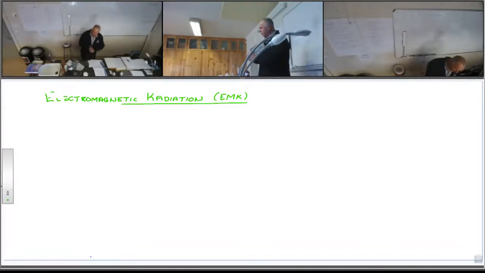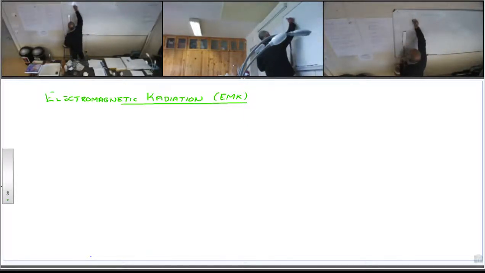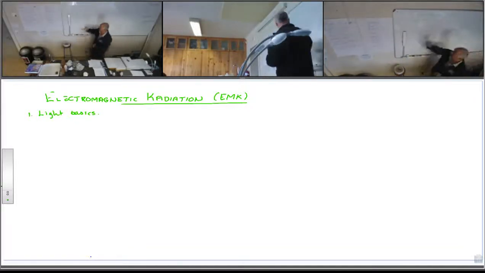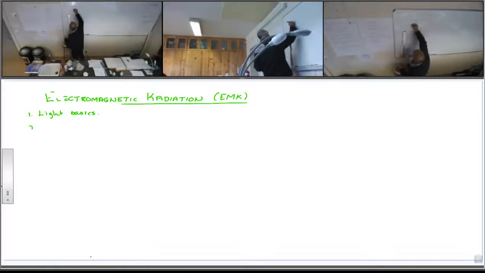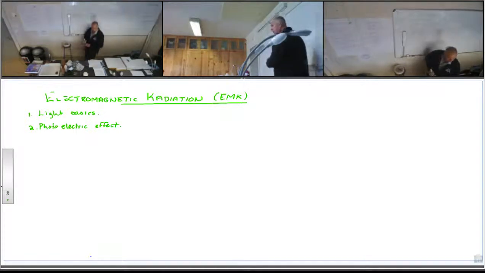In this chapter, we're going to go through light basics in this lesson today. This afternoon, we will go through the photoelectric effect at our extra lesson.